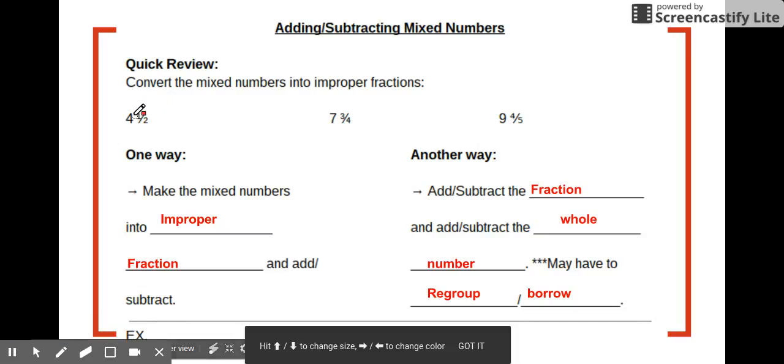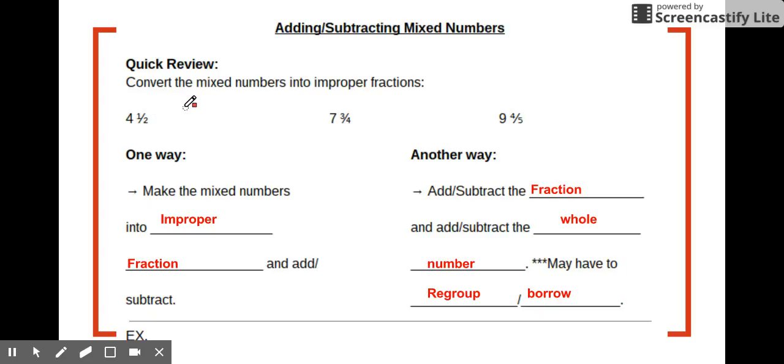And to do that, you take the whole number of 4, multiply it by the denominator, and then add the numerator. So 4 times 2 is 8, plus 1 would be 9. And then if you remember, the denominator always stays the same, so it'd be 9 halves. Again, 7 times 4 would be 28, plus 3 would be 31.